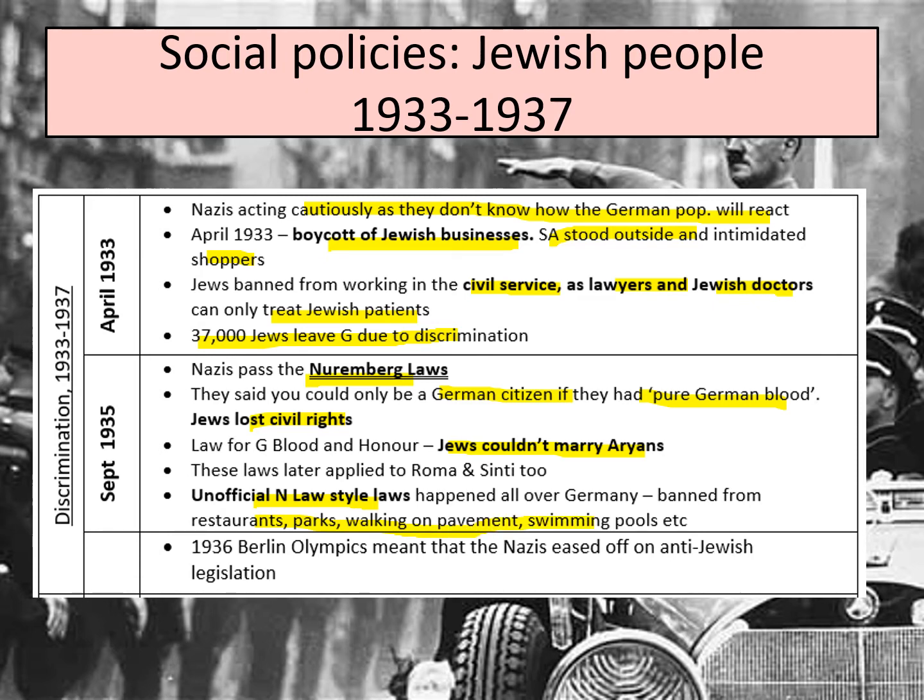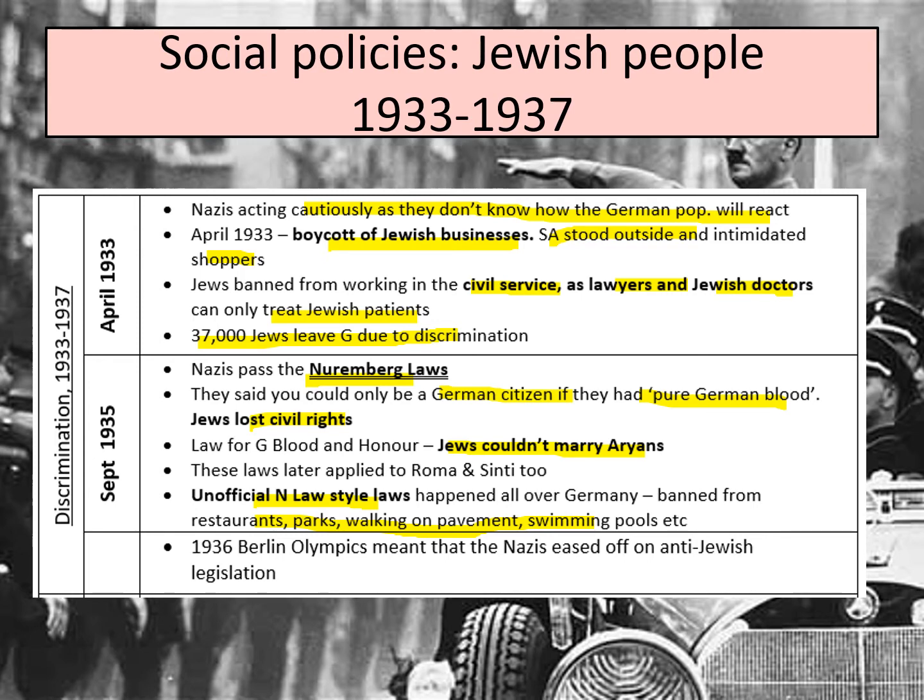Lots of different places that Jewish people could no longer go. The point was that the Nazis wanted to socially isolate them. They wanted people to see Jewish people as somehow different and separate, and they didn't want Jewish and non-Jewish people being together anymore. So by 1935, Jewish people had already had to put up with horrific levels of discrimination.